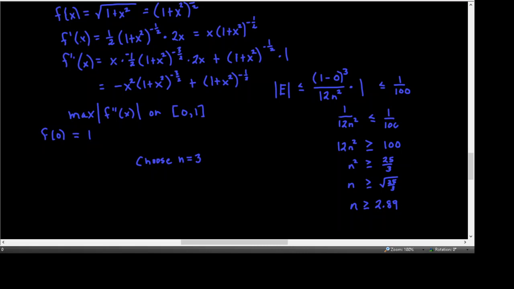And usually you want the smallest viable answer, because the industrial application of this would be you run a process that costs money, and every time you run the process you have to pay workers and electricity and whatever else is involved. So you want to find out the smallest number of times you have to do this process in order to get an error less than something.